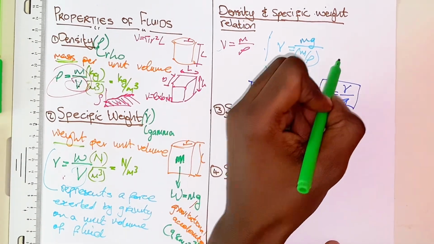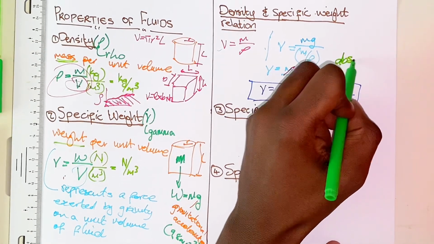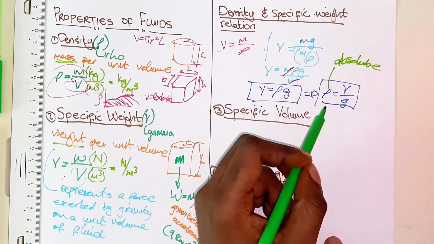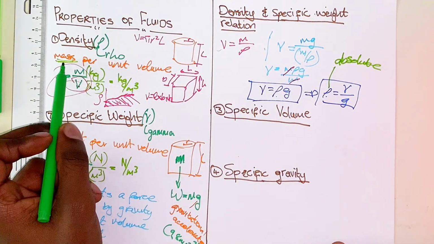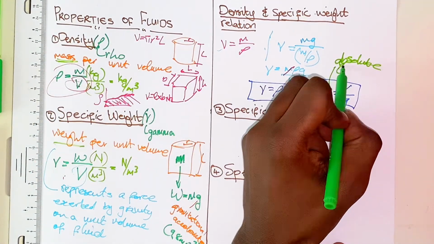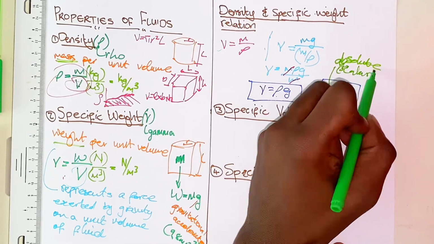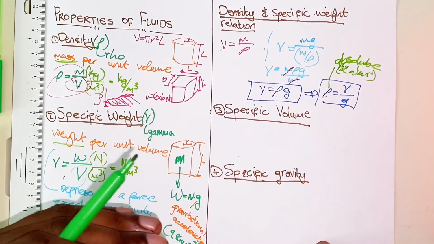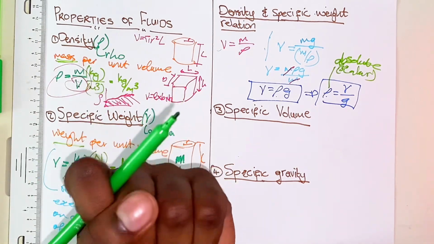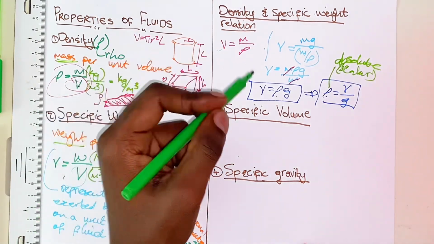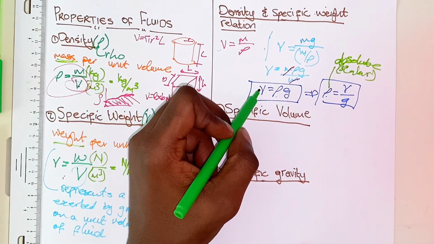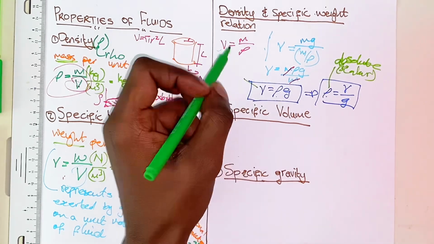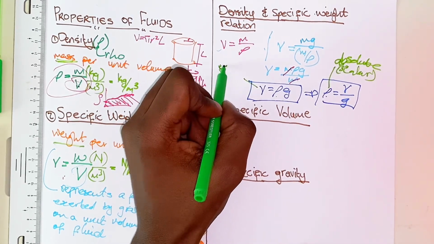Notice that your density will be absolute because we get it from mass, and mass is a scalar, so it only has magnitude. It does not depend on where you are, it just depends on its amount. Now specific weight is a vector.